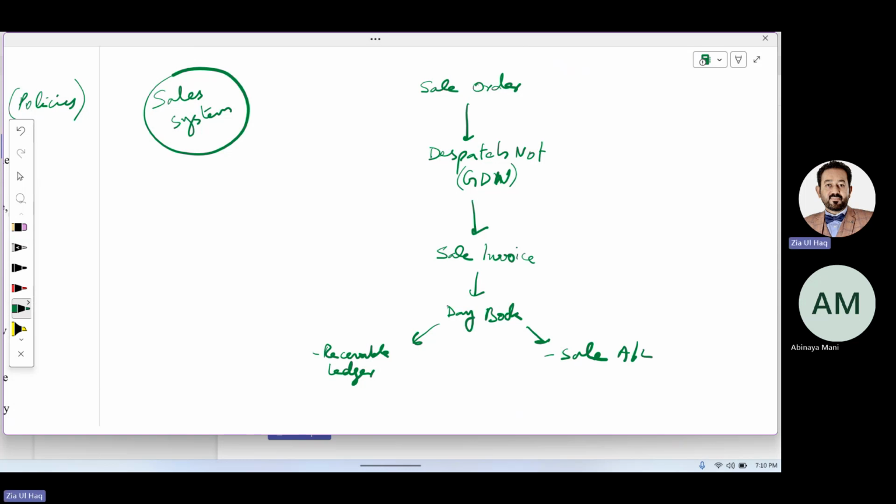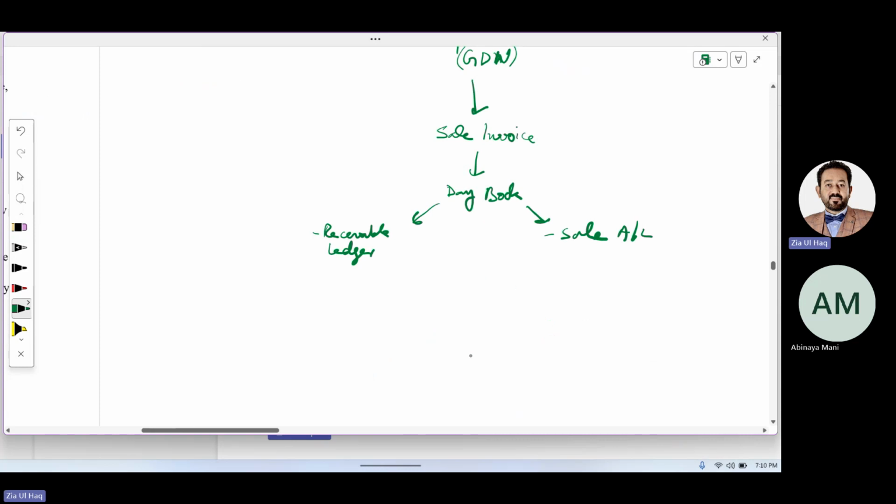So while receiving the order, the company has prepared a document, the sale order. While delivering goods, the company has prepared a document, the goods dispatch note. Then the bill is called the sale invoice. Against that bill, the company has recorded the accounting entry in the day book and posted to the ledgers.